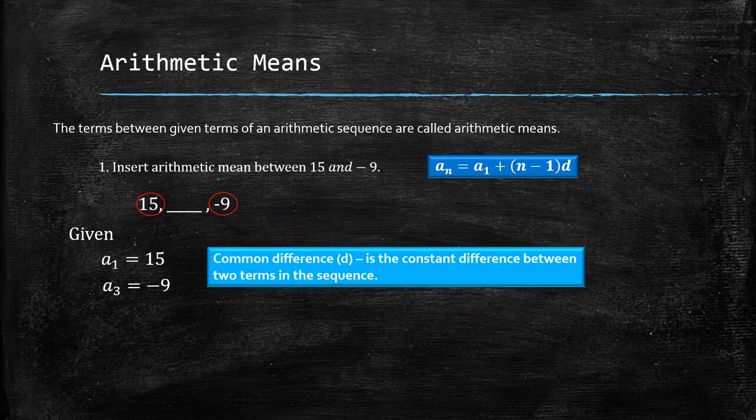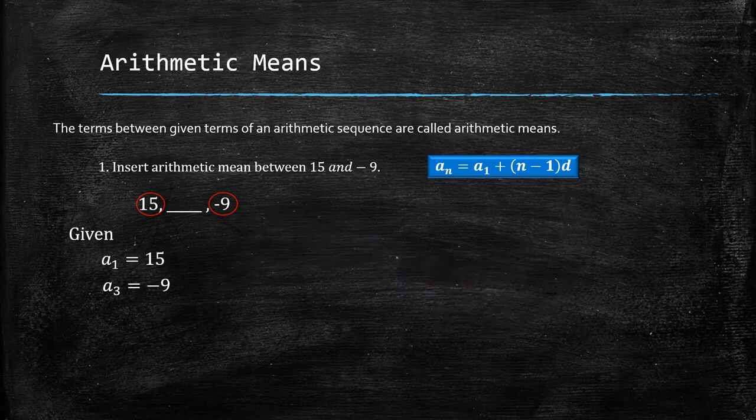So we need the common difference d. We know how to solve it: the difference between two numbers in your sequence. The problem here is we don't have d because there are no consecutive terms, since the middle is blank. So we will use the formula to solve for d.